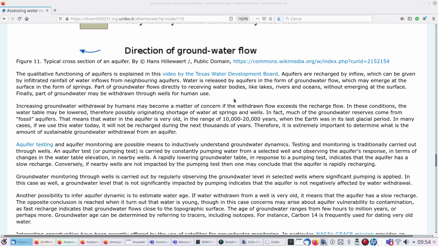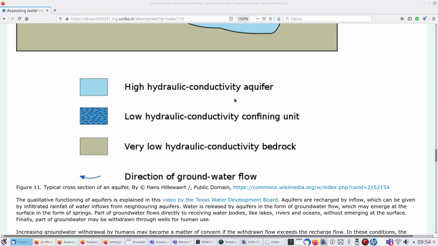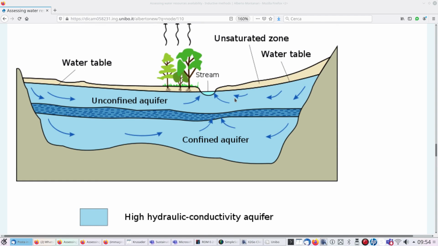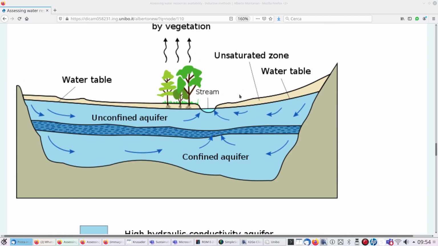So, as I said, it is a challenge for us to understand how these aquifers work. When we talk about inductive assessment, there is one way that is traditionally followed to monitor aquifers, which is monitoring the water level in wells placed in unconfined or confined aquifers.